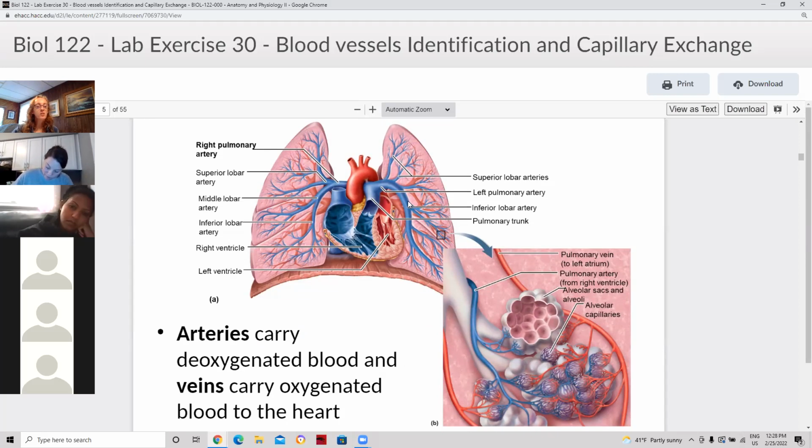In systemic circulation, it's only to remove oxygen from the blood and pick up carbon dioxide. But in the pulmonary circuit, the arteries are taking the blood into the lungs to get oxygen added to the blood, and the veins are bringing it back.